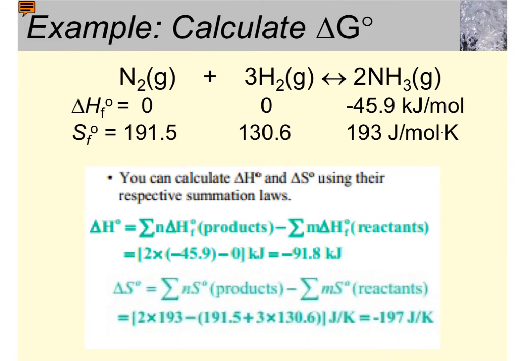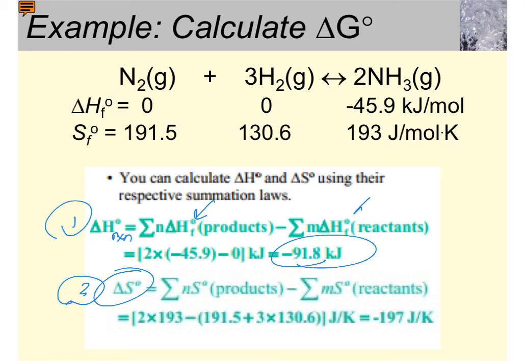Alrighty, so here it is actually worked out. Step one, again, finding the enthalpy of reaction from the enthalpies of formation. And then doing the same, find the entropy of reaction from the absolute entropies of products and reactants.